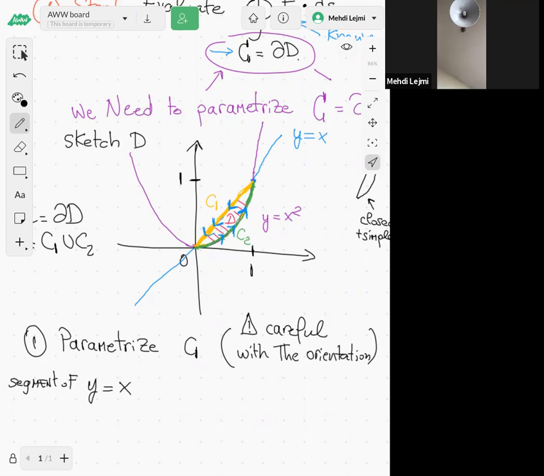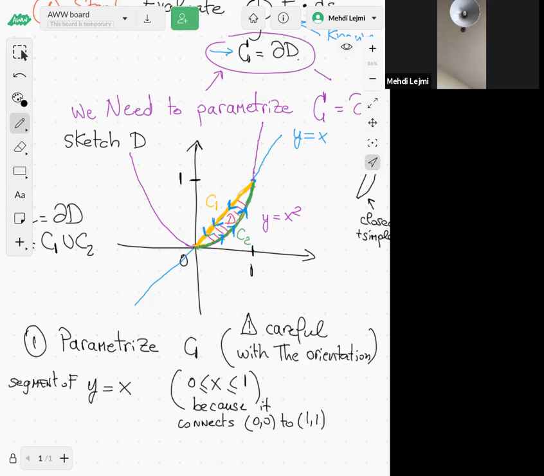So your x and your y are both between 0 and 1, since it connects 0, 0 to 1, 1.